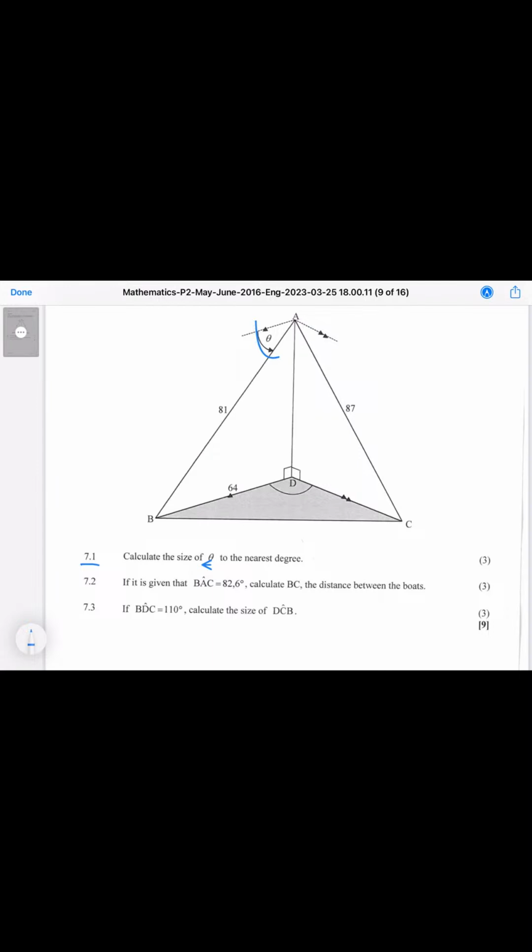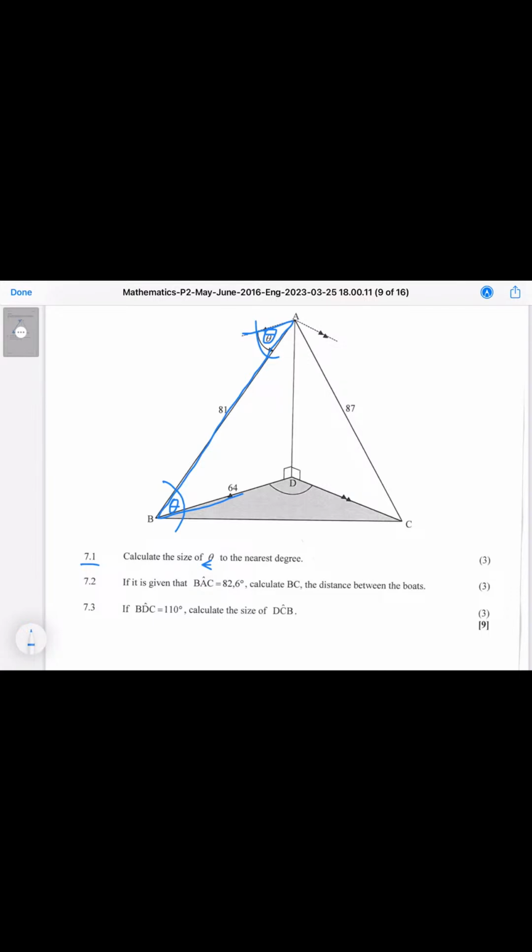Most importantly, guys, you need to remember that when you look at this, you see the shape of a Z, which has to remind you of alternate angles, meaning that angle theta there is actually equal to that angle there, in triangle ABD.